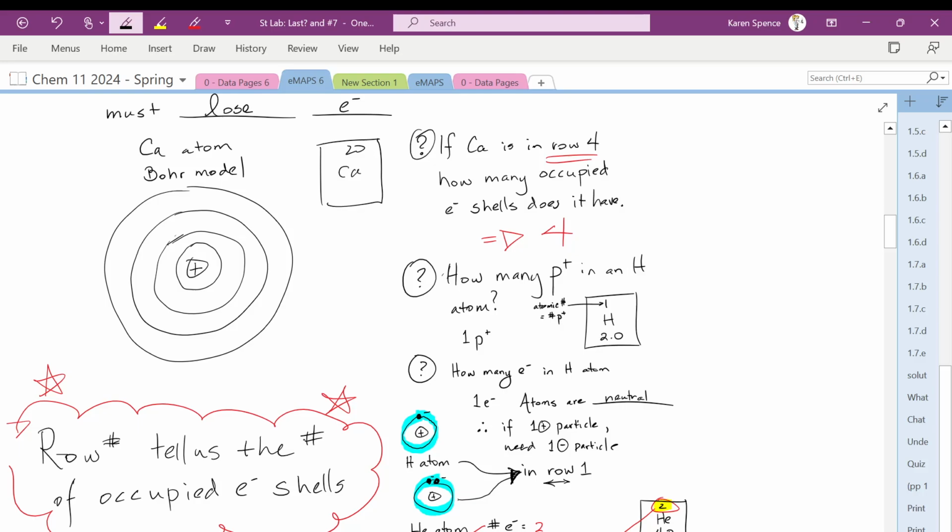Calcium, atomic number 20, therefore it has 20 electrons. Now let's see if we actually end up with 4 shells worth. Here's number 1, here's number 2. Do you remember how to put the electrons into the second shell? Or you may have learned it differently, but I'm going to show you how.